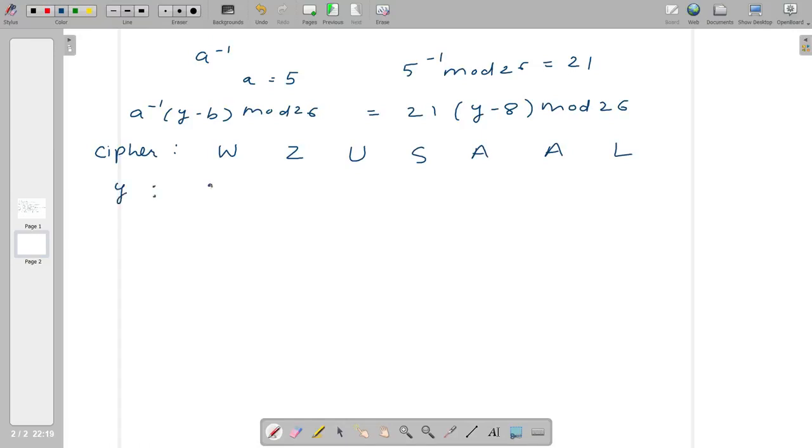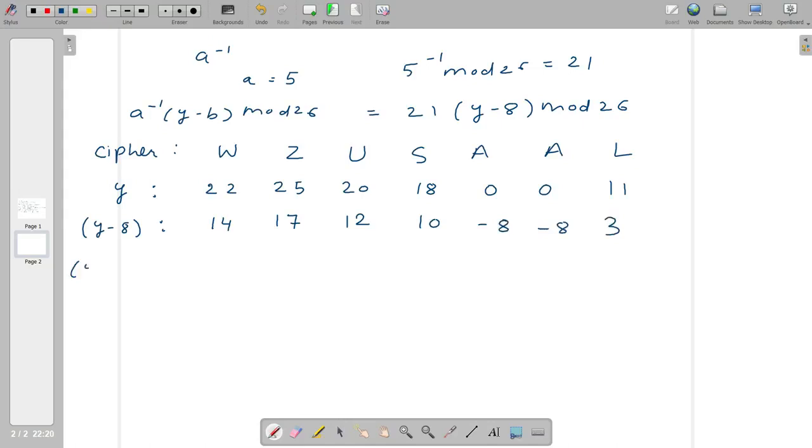For W it is 22, for Z it is 25, for U it is 20, for S it is 18, for A it is 0 and for L it is 11. Now we are going to calculate y minus 8. So y minus 8 is going to be 22 minus 8 is 14, 25 minus 8 is 17, 20 minus 8 is 12, 18 minus 8 is 10, 0 minus 8 is minus 8 and 11 minus 8 is 3.